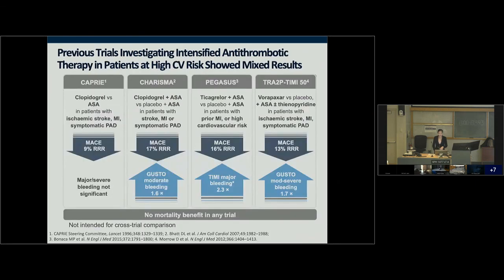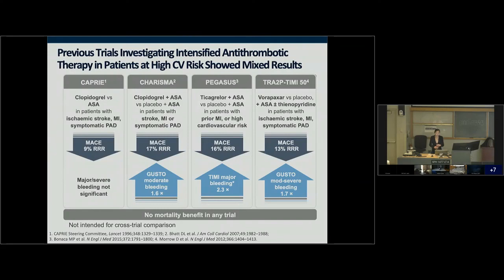And so with all this in mind, there have been numerous studies looking at different ways that we can optimize the risk of these patients, even beyond that of just modifying their risk factors. And so there have been studies looking at maybe changing aspirin to clopidogrel instead, or adding clopidogrel to aspirin, or adding ticagrelor to aspirin, or using something else, a thrombin receptor blocker, and adding that to aspirin.